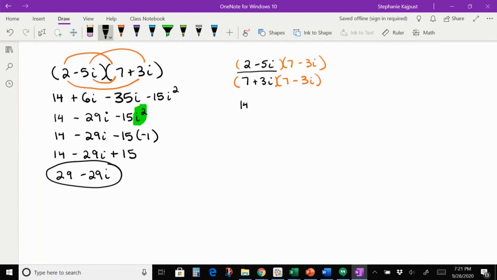Then 2 times -3i, so that's -6i. -5i times 7 is -35i. And then -5i times -3i is a positive 15i squared. So you can see it's slightly different from the multiplication on the left because of the difference in signs. That difference in signs does make a difference there.